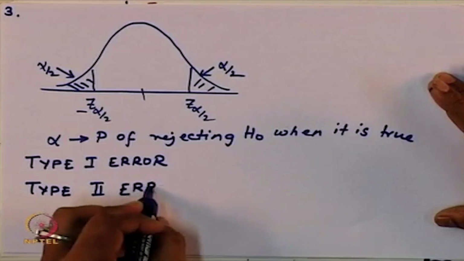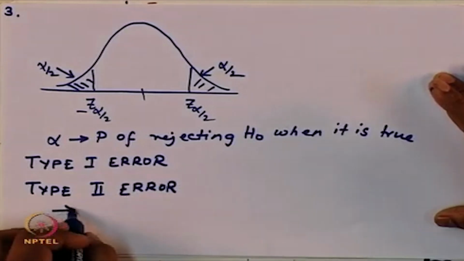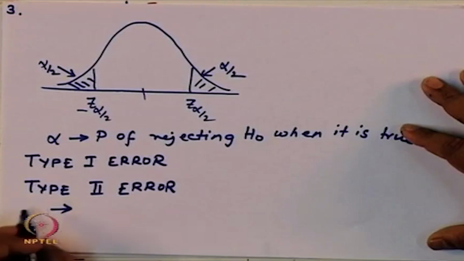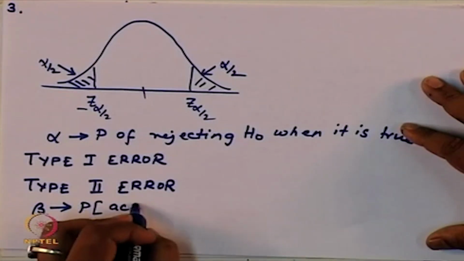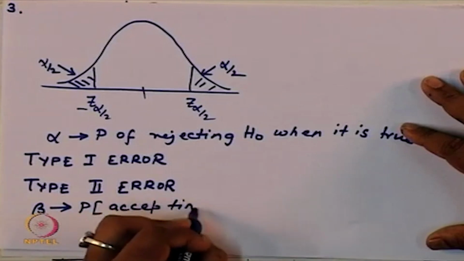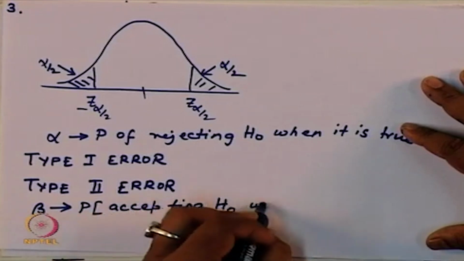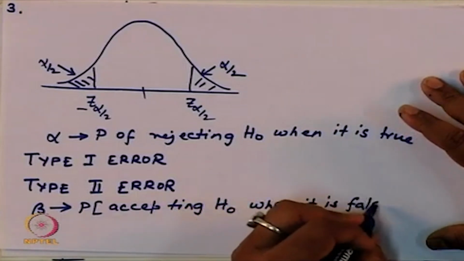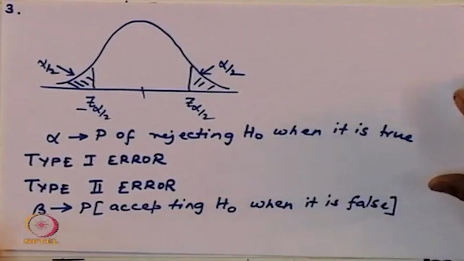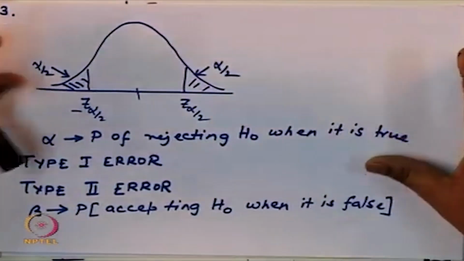And beta is the probability of accepting H naught when it is false. So, you would imagine that the true effectiveness of a test will depend on both of your choices of alpha and beta.